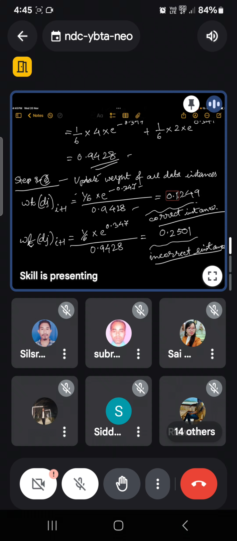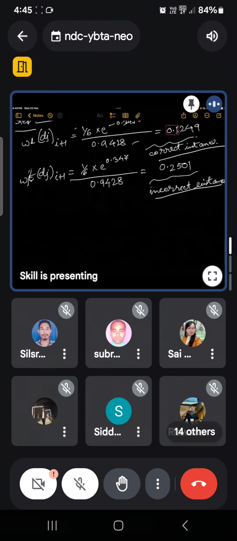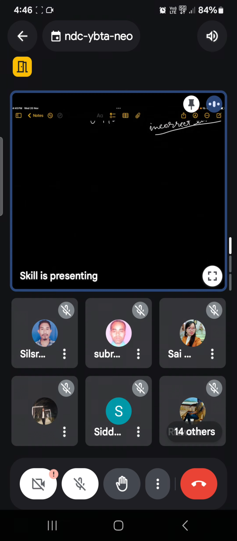So we have come upon the weight calculation for all the data instances. This we will update in the table.